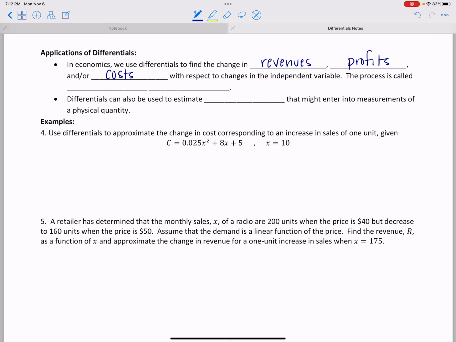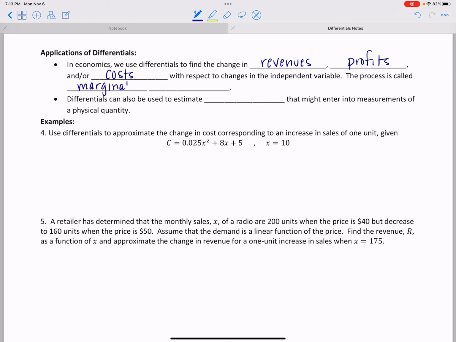We found changes in these things, but we can find them now with respect to changes in the independent variable. So if I just find the change in my revenue knowing a specific change in my x values, I can use differentials to calculate that. So we call this marginal analysis.